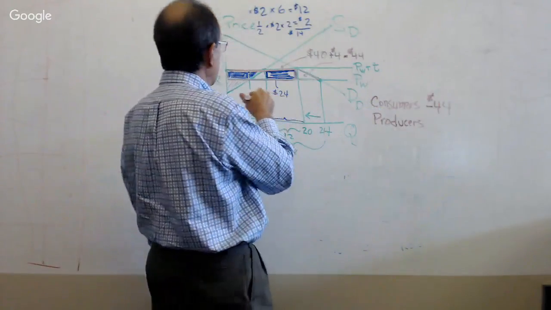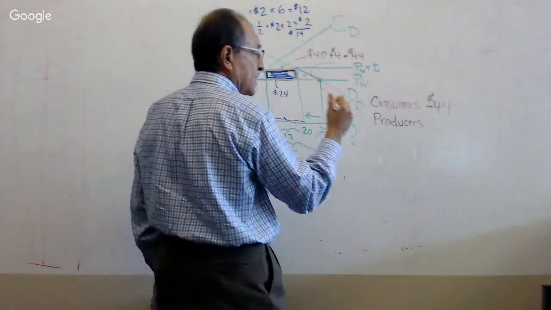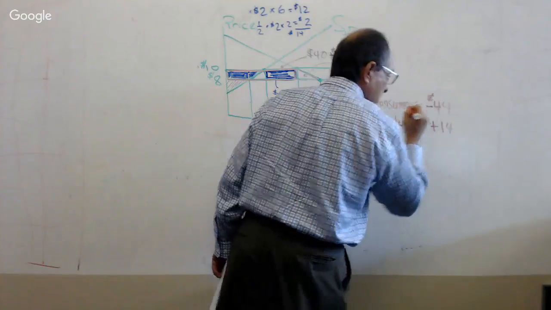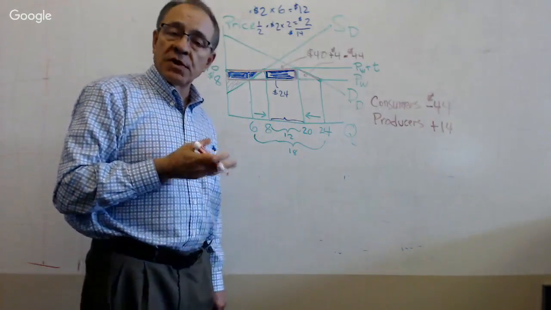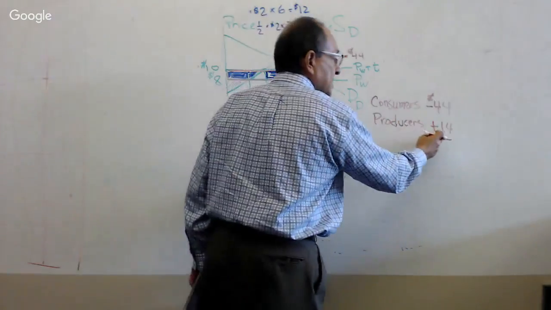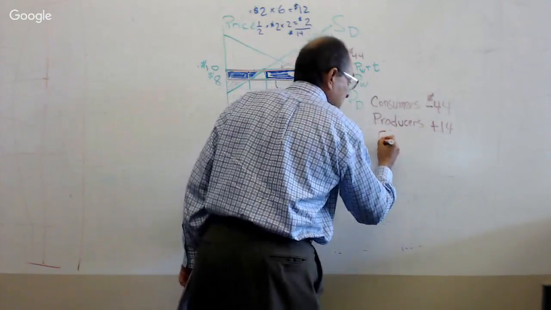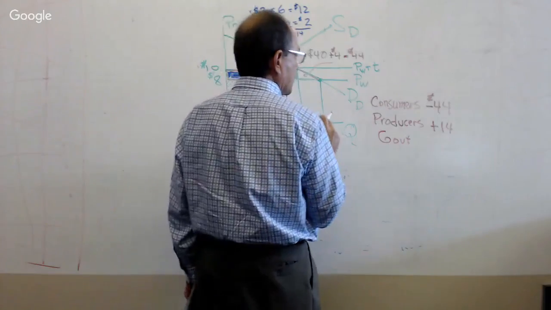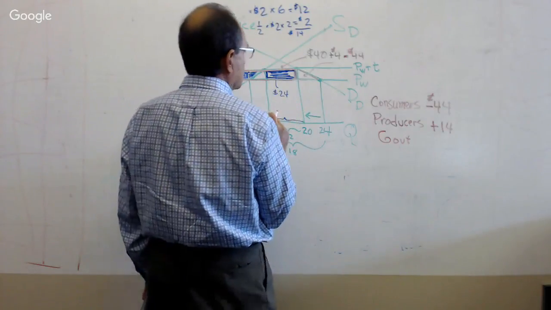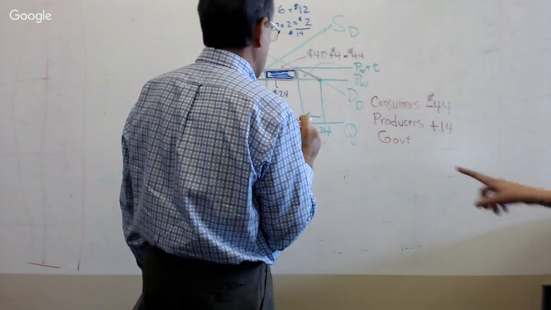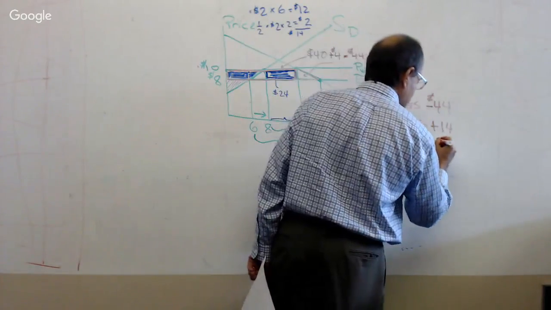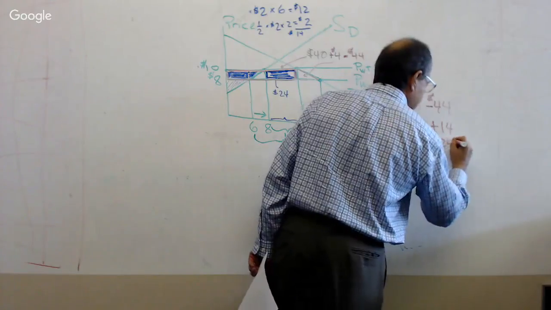Producers gain $14 of producer surplus. Consumers lose $44, producers gain 14. The government gains 40, did we say? That's right, 24, sorry. $24. Thanks, Kara.